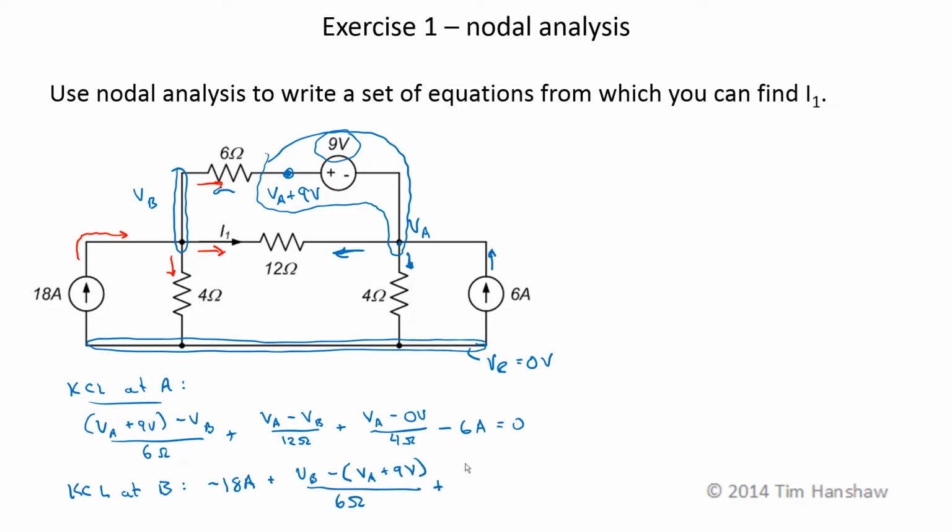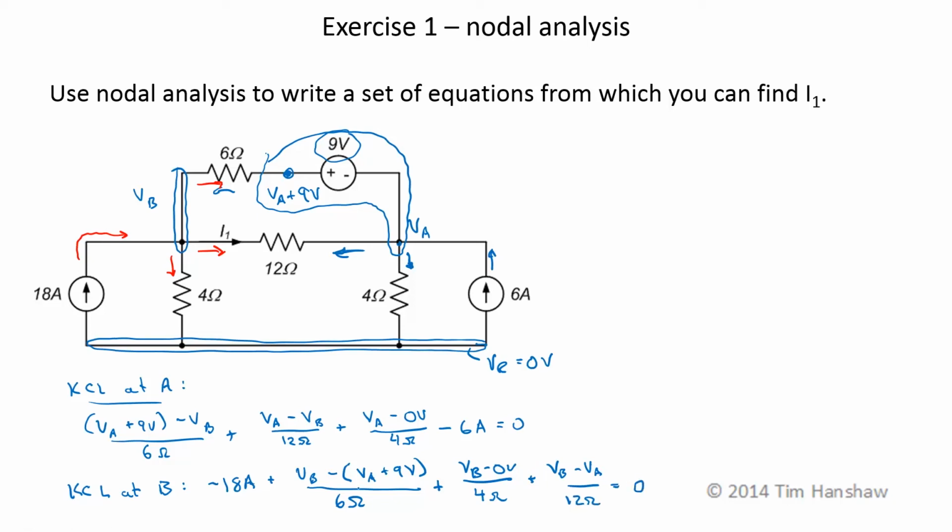Plus this current through the 4 ohm resistor is V sub B minus 0 volts over 4 ohms. Plus the current through the 12 ohm resistor, which is going to be V sub B minus V sub A over 12 ohms. That sums to 0.